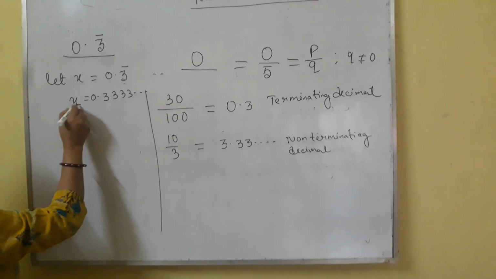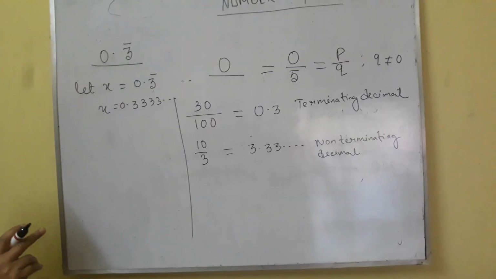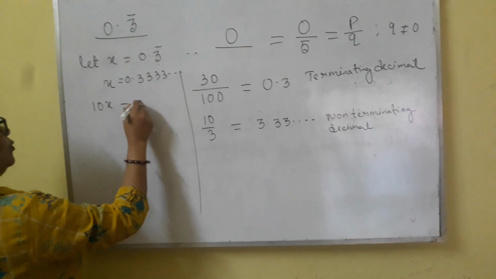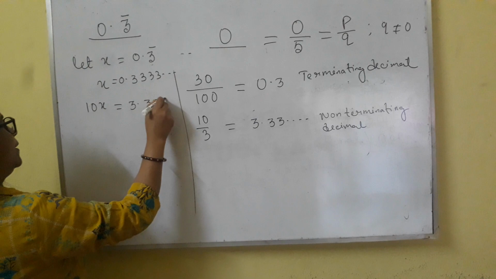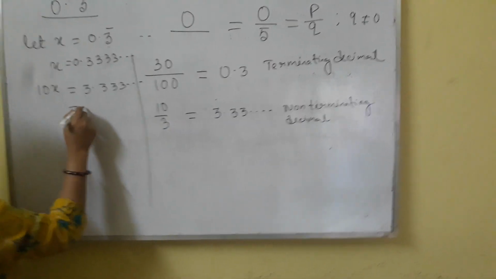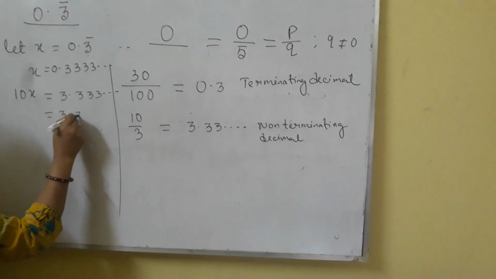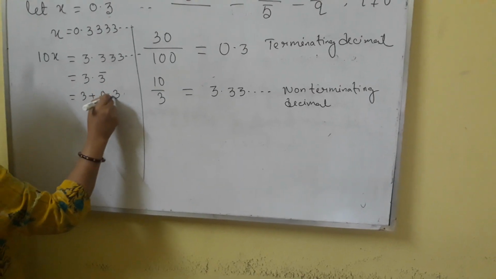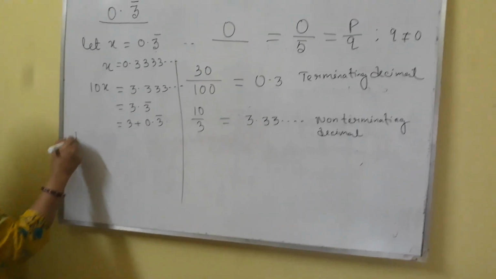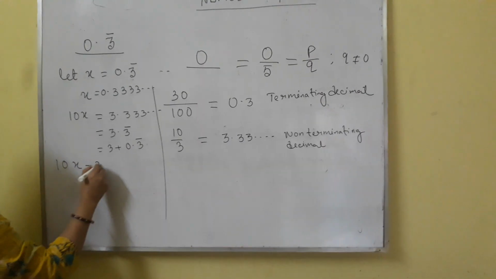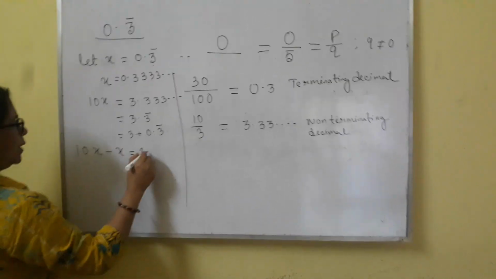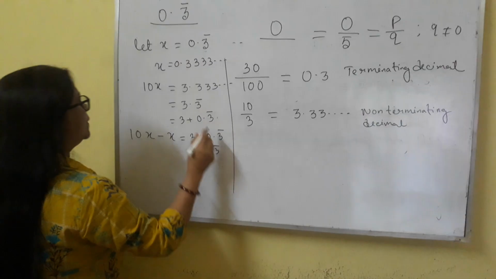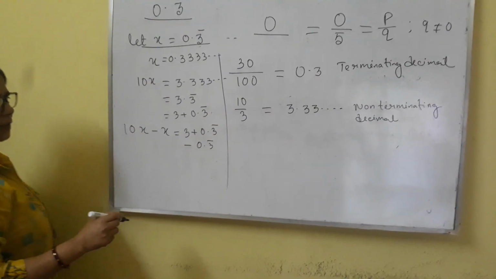Now we multiply both sides, left hand side and right hand side, by 10. So we get 10x equals 3.3333, it is continuing. We can write this as 3.3 bar, that means 3 plus 0.3 bar. Now 10x minus x equals 3 plus 0.3 bar minus 0.3 bar, because x we consider as 0.3 bar.